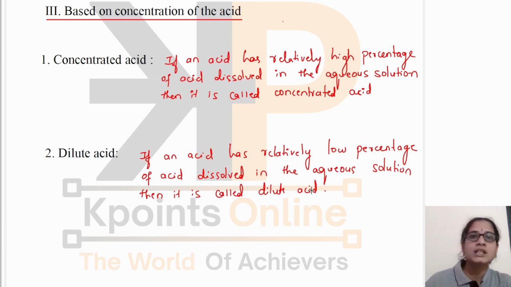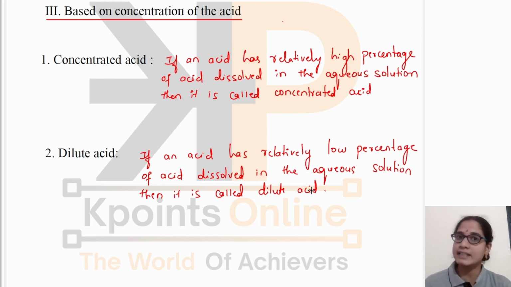If I dissolve some 10 gram of acid in it and I want to dilute the acid, what I can do is add more water to it so that the percentage of acid in it gets reduced.